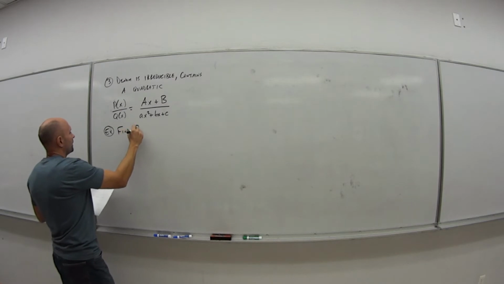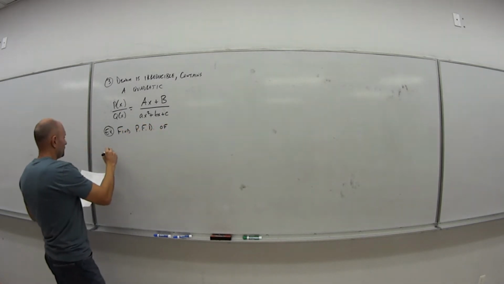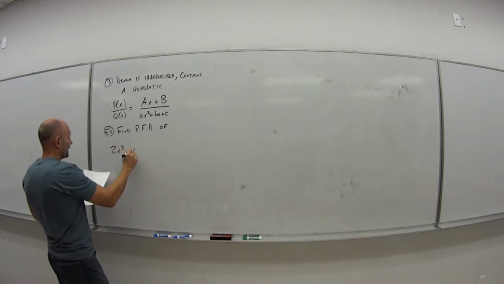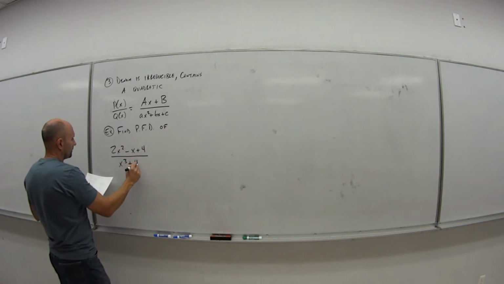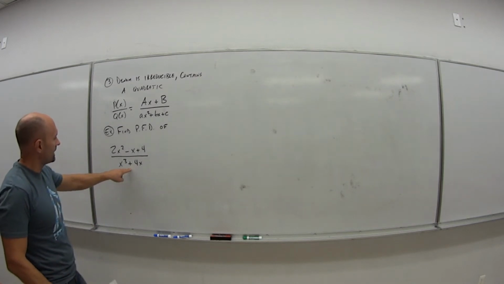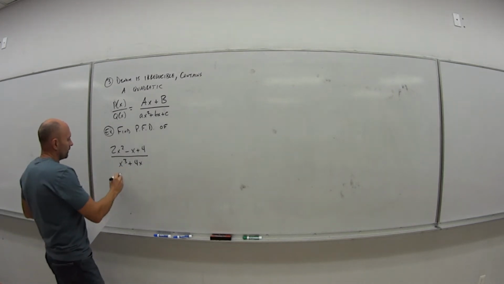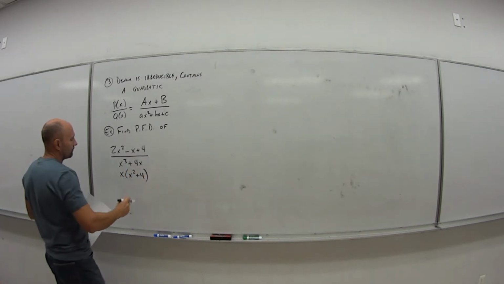Let's find the partial fractional decomposition of 2x squared minus x plus 4 all over x to the third plus 4x. So this guy here will only what? We can only factor out an x. That gives us x squared plus 4.